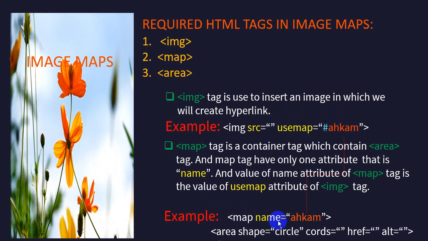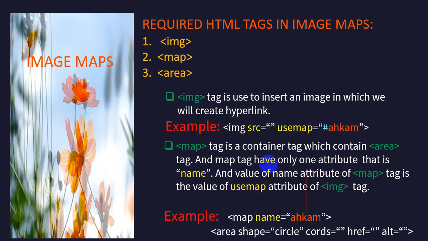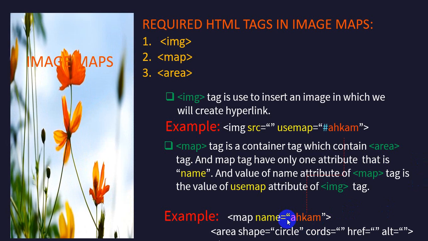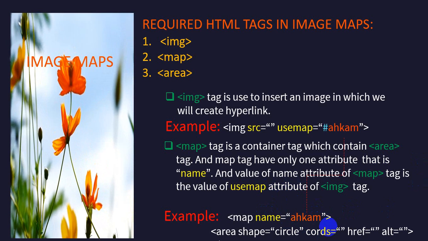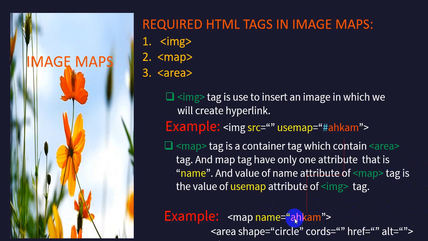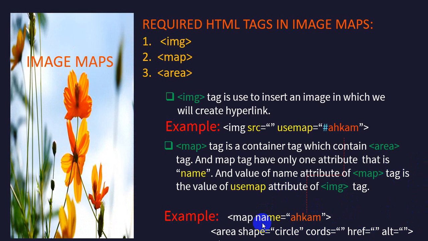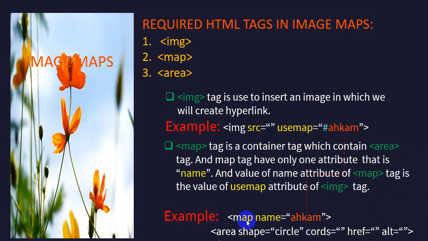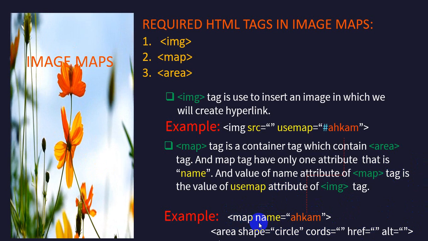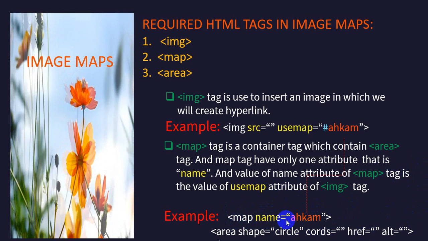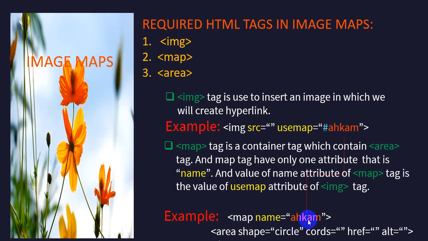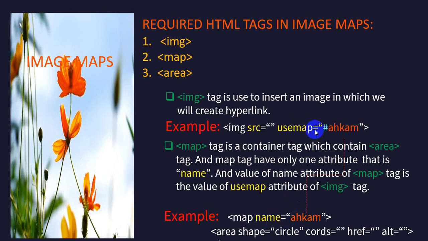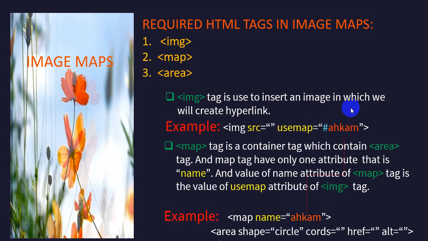Again one important thing I am going to tell: this is the value of the name attribute of the map tag. map is the name of the tag, name is an attribute, and this is the value. The value of the name attribute and the value of the usemap attribute must be the same.